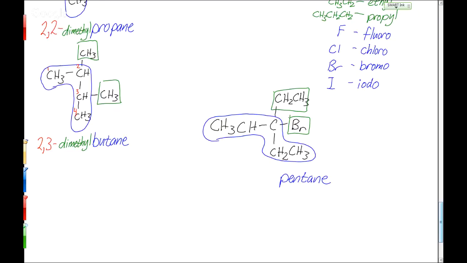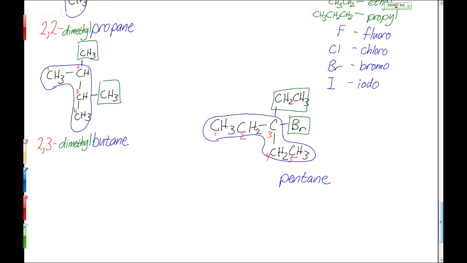Now, where are they? We need to number the carbons to find out. Where should we start our numbering? Doesn't matter, right? Because they're both on the... also I didn't do this right. There should be a 2. They're both on the same carbon right in the middle of the chain. So we go 1, 2, 3, 4, 5, or we could have started from 5 and gone the other way.